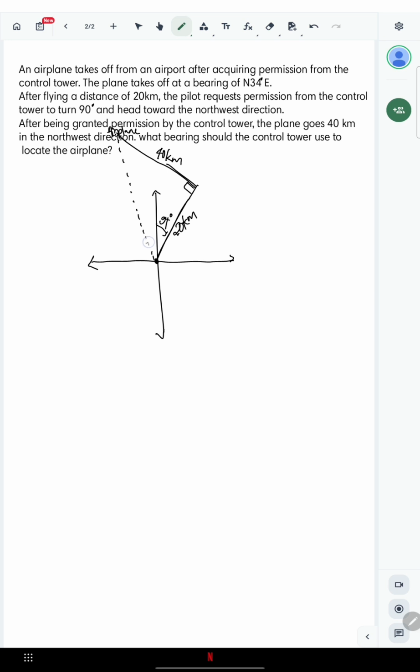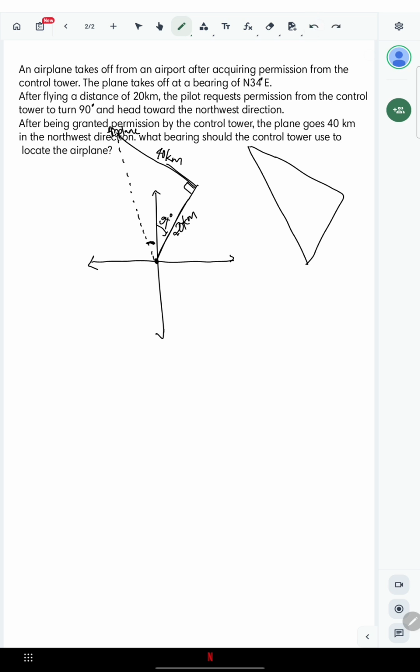Ano daw tong bearing na to? Okay. So, paano natin siya malalaman? Look at the whole picture. Separate natin siya. Okay. So, dito, yung angle dito sa part na to, that is being divided into 2.